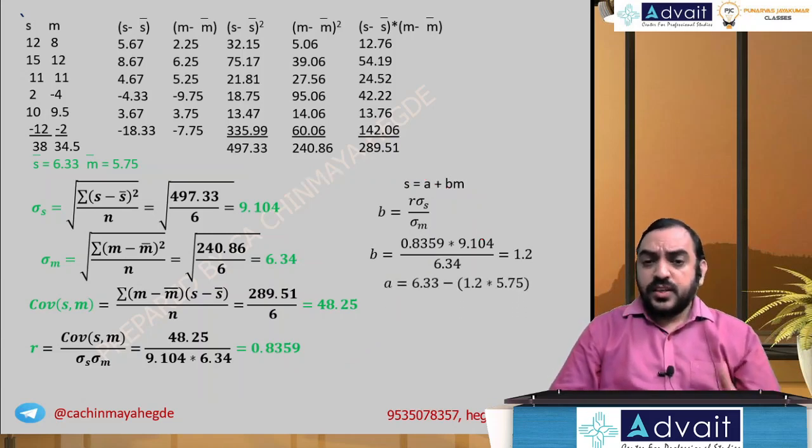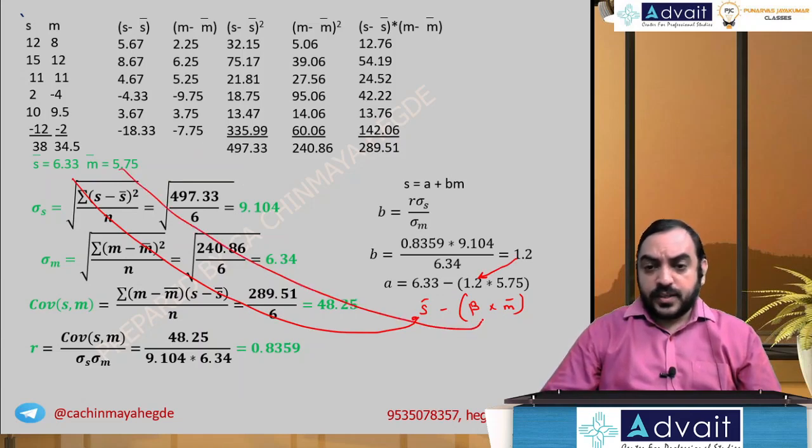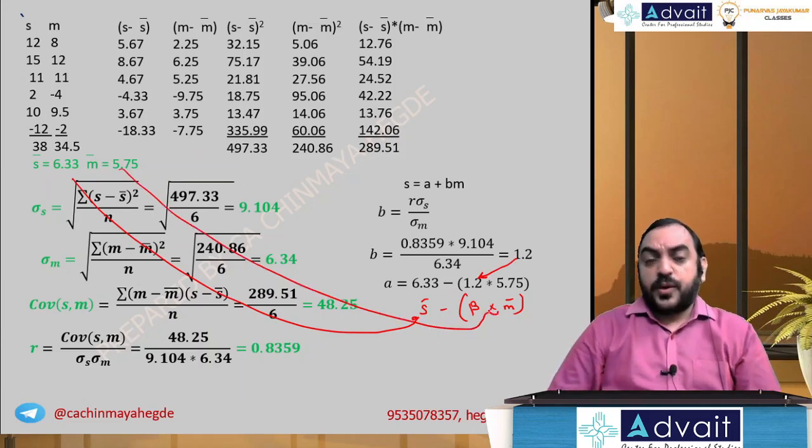The alpha value is a rearrangement of this itself: security return, that is S bar minus beta into M bar. S bar we have here as 6.33, beta we calculated 1.2, and M bar is 5.75.